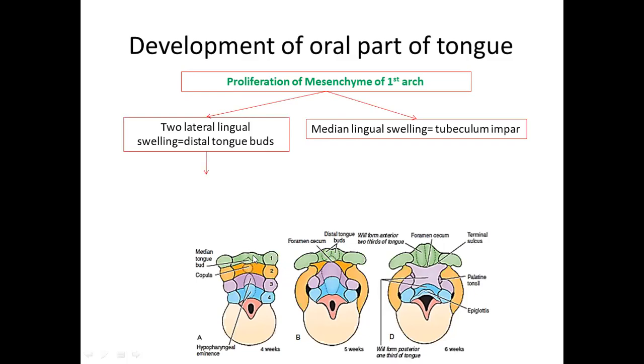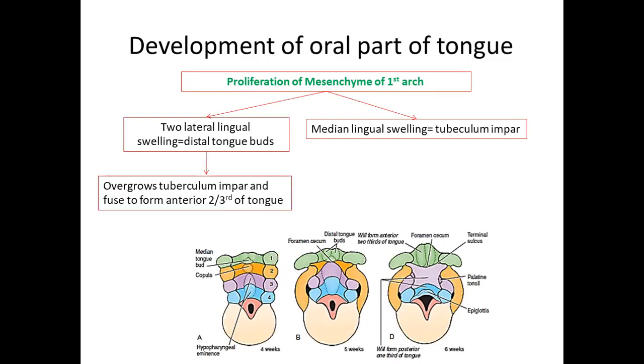Now the two lateral lingual swellings will overgrow the tuberculum impar. In the second figure, you can see it overgrowing the median lingual swelling, and they will grow and form the anterior two-thirds of the tongue.